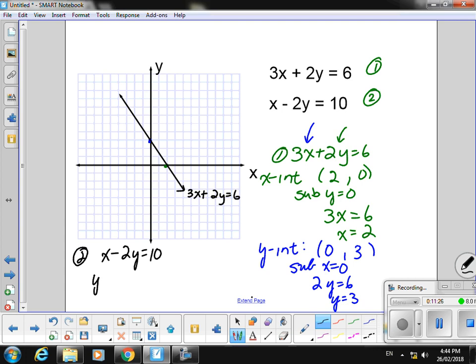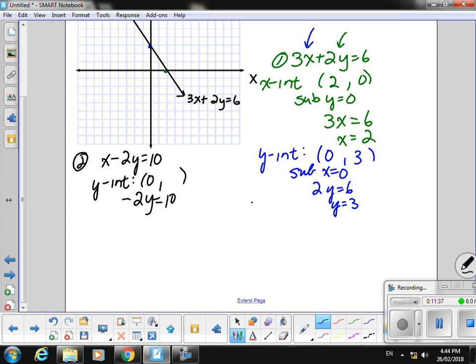I am going to find my y-intercept first, which is where x is 0. I would be left with -2y equals 10 if I substitute an x value of 0, which would give me a y value of -5 if I divided both sides by -2. So my y-intercept for line number 2 is -5.